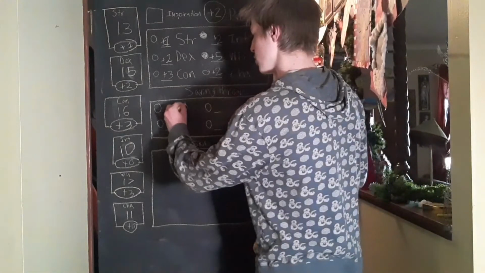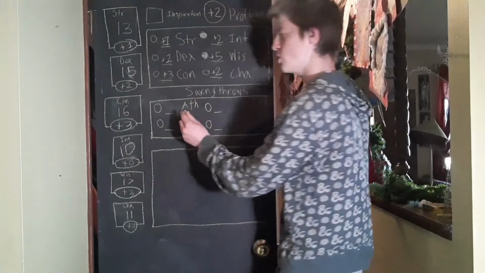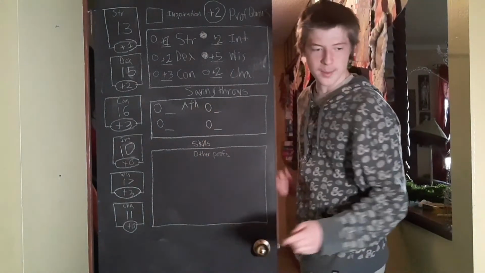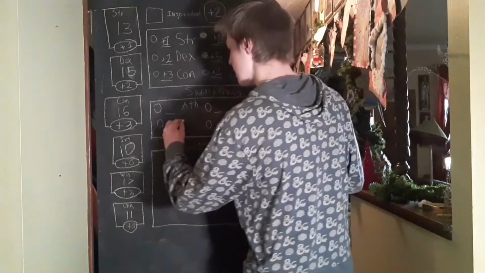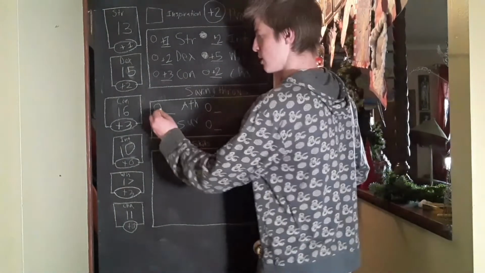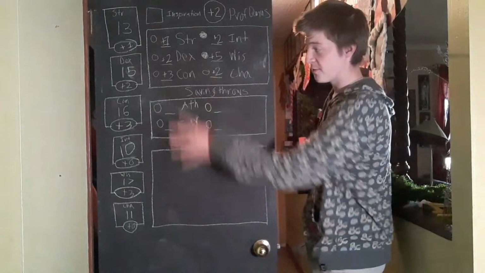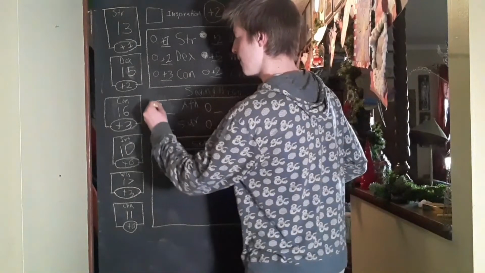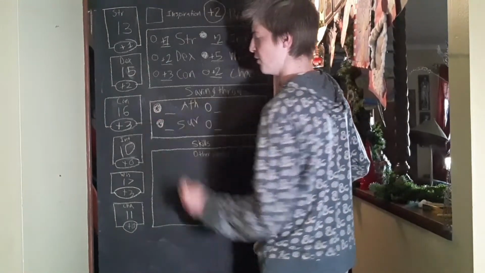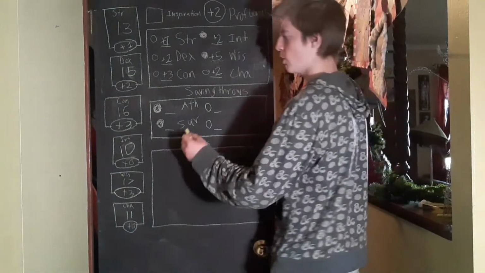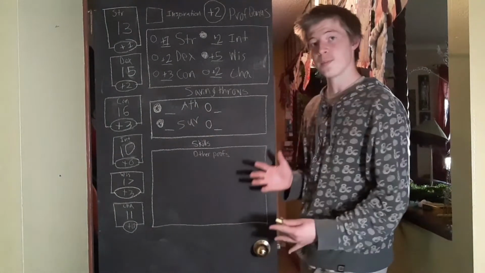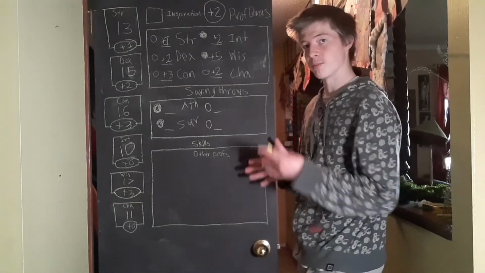So, to make this short, I'm going to write ATH for athletics, and I'm going to write SUR for survival. So, if I had the full list here, I would fill in the dot, marking that I'm proficient, and then I would go right in the corresponding number with proficiency bonus.